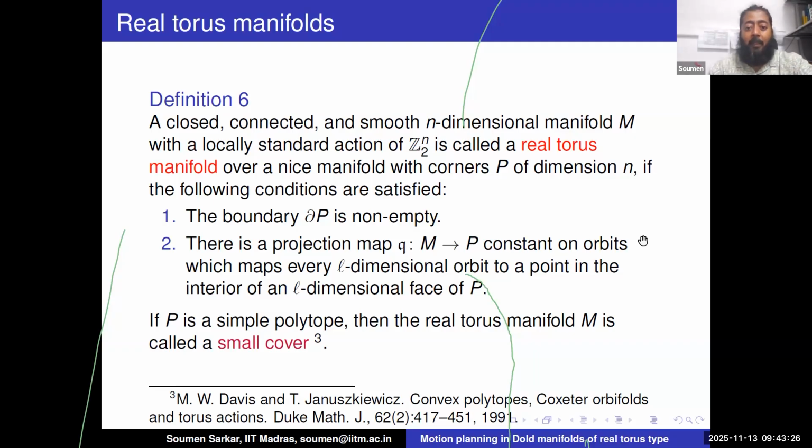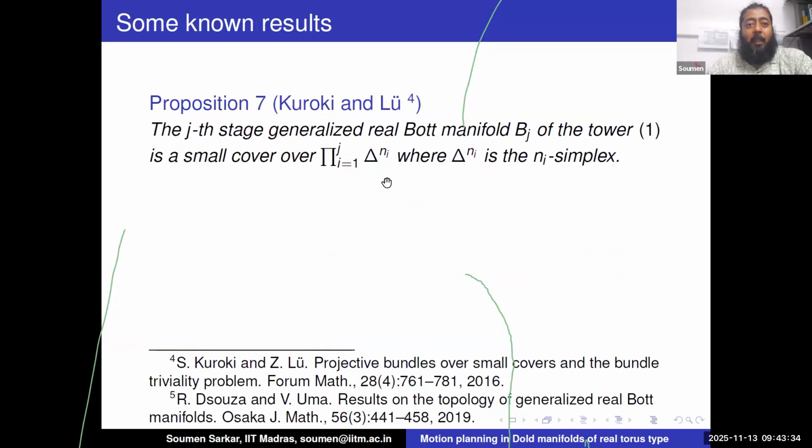What are examples of small covers? As we defined, real Bott manifolds and generalized real Bott manifolds. Each generalized real Bott manifold is a small cover over a product of simplices. So these are examples of small covers.